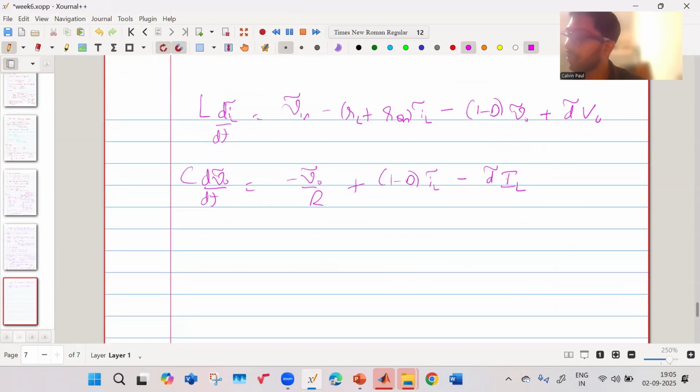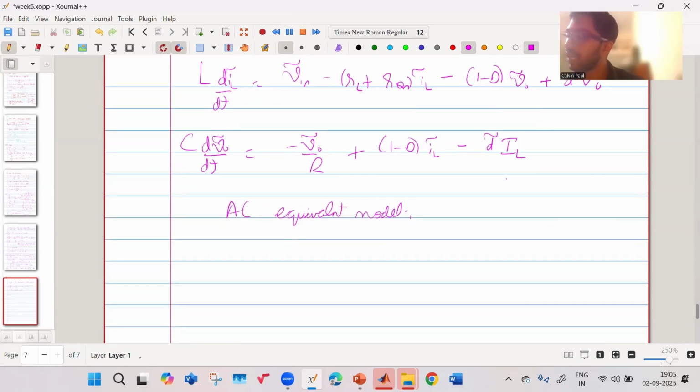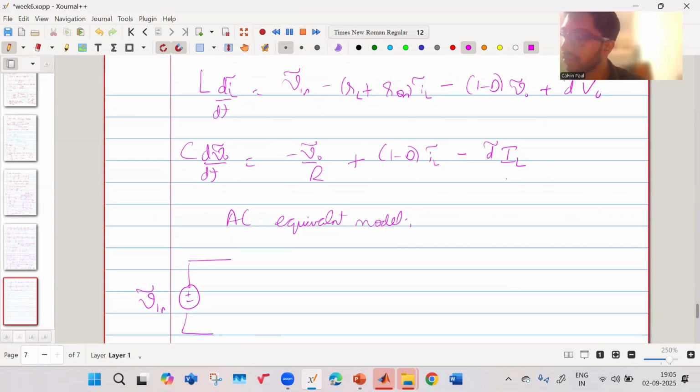Now, how do we represent? We can represent it in an AC equivalent model, right? What do we have? You have your input perturbation over here. You have your L, this is your I_L perturb, right? Then you have your R_L plus R_1.